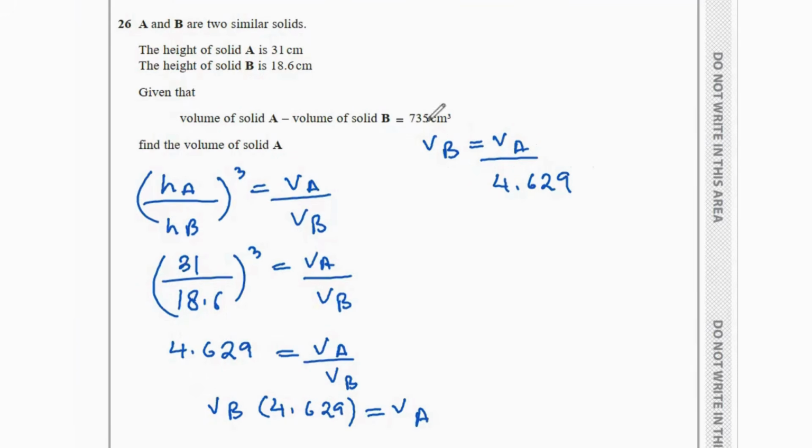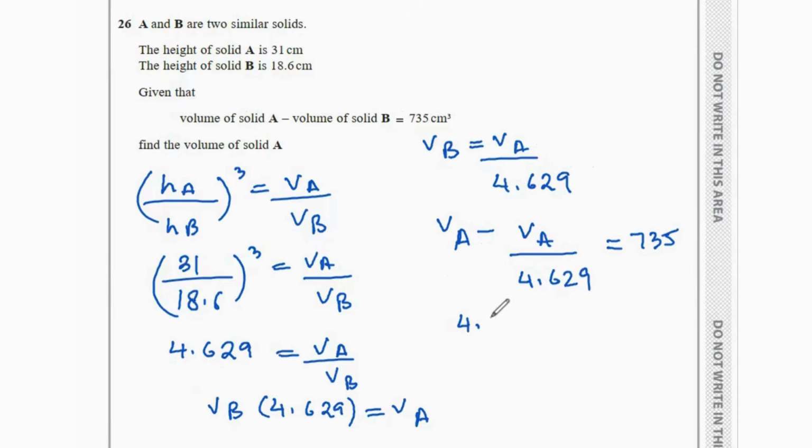Now we substitute this in the equation given, because it says volume of solid A minus volume of solid B is 735. So VA minus VA over 4.629 equals 735.